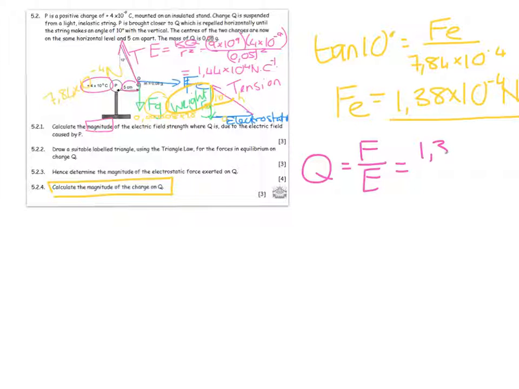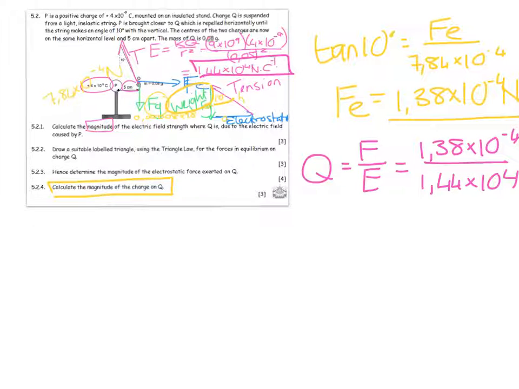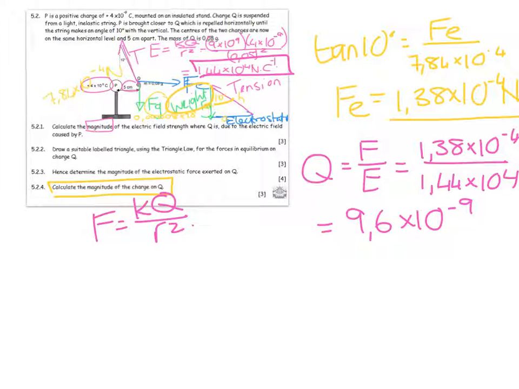I've got a force, and I know the electric field at that position. I've been given it, I calculated it earlier, 1,44 times 10 to the 4. I could have also done this with F is equal to KQ over R squared. It was possible to get the same answer, and I land up with 9,6 times 10 to the negative 9 coulombs.